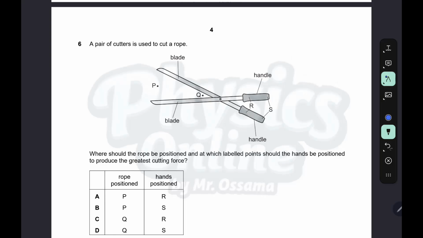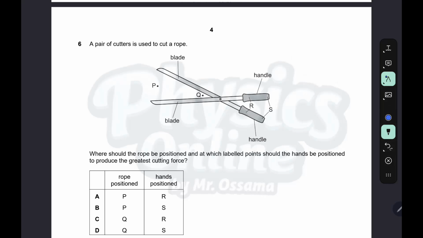A pair of cutters is used to cut a rope. Where should the rope be positioned and at which labeled points should the hands be positioned to produce the greatest cutting force?